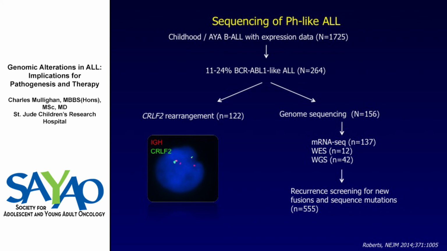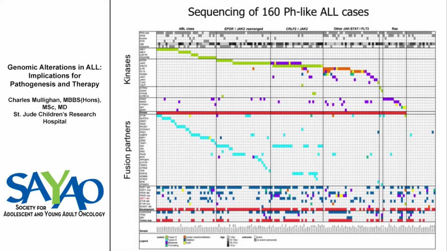After identifying new lesions such as fusions, we then returned to larger recurrence cohorts to ask the question, were these rearrangements selectively present in PH-like ALL, which almost always they are.